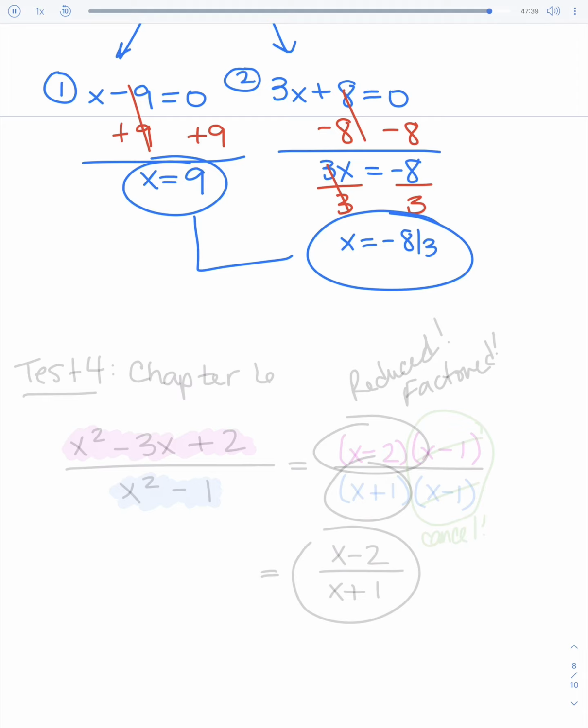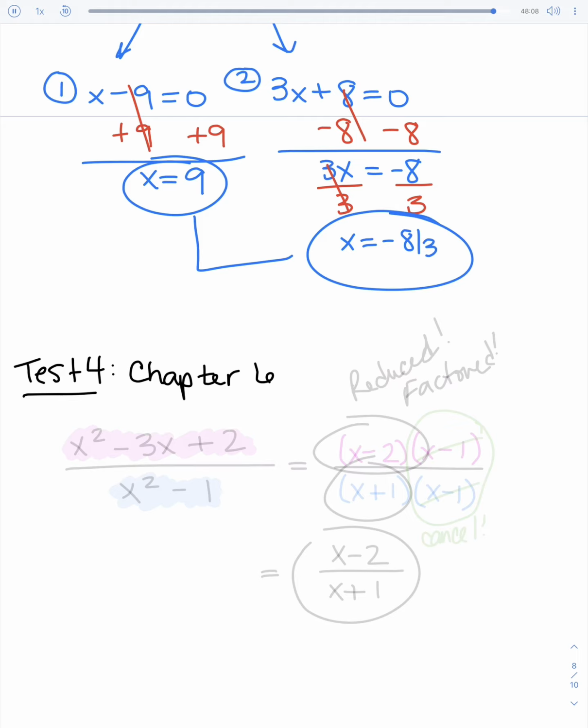Now, I would say Chapter 5 is the most important chapter in this entire course, because just to give you a preview of what's going to happen on Test 4, in Chapter 6, we're going to use all of this factoring. So it's super, super important that you spend the time now learning the factoring so that you're not completely overwhelmed in Chapter 6.